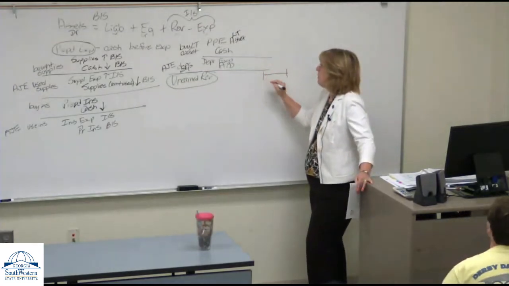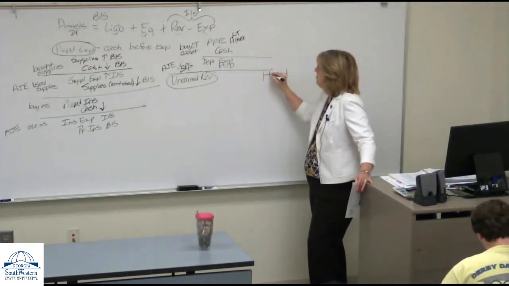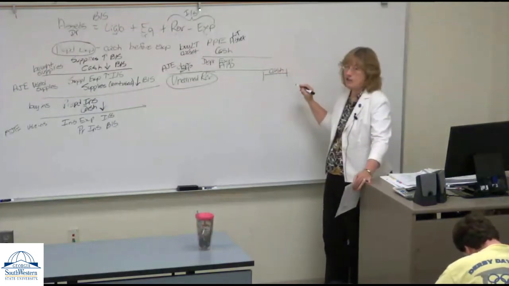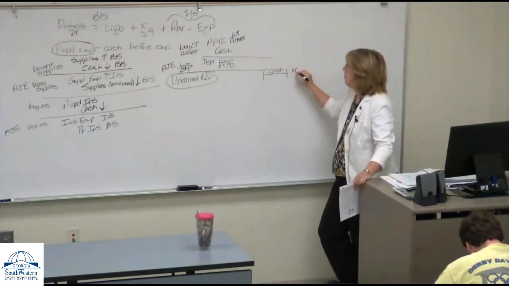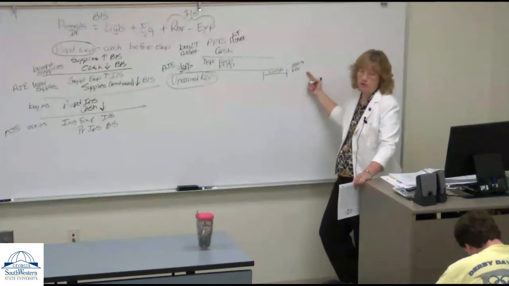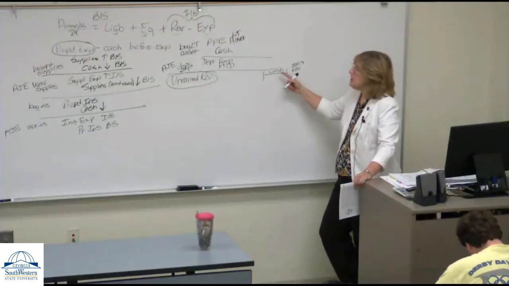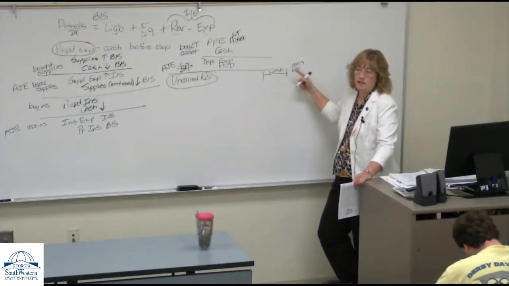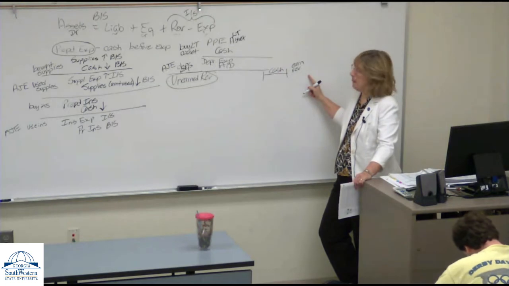And what's happened with our cash? In this situation, we're receiving our cash before we are earning the revenue. So our cash is happening before the revenue is earned. Somebody's paying us in advance of us earning the revenue, okay?